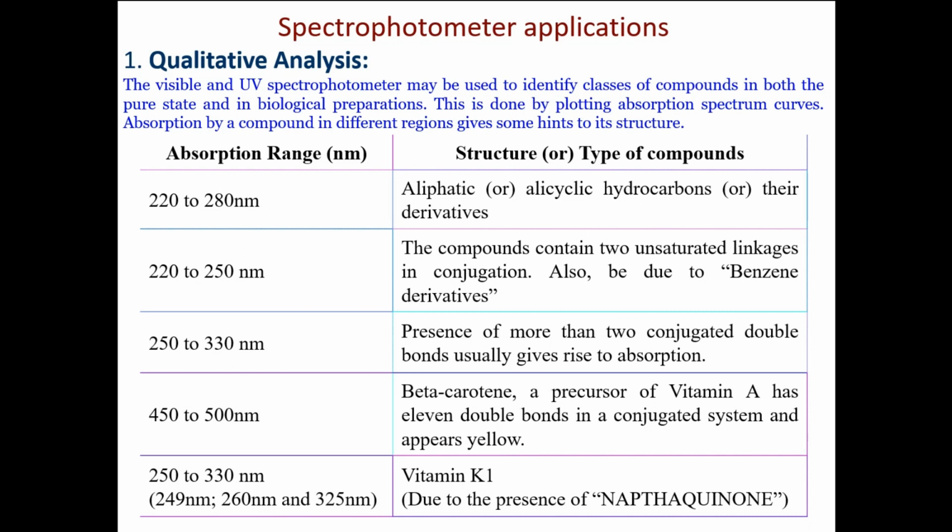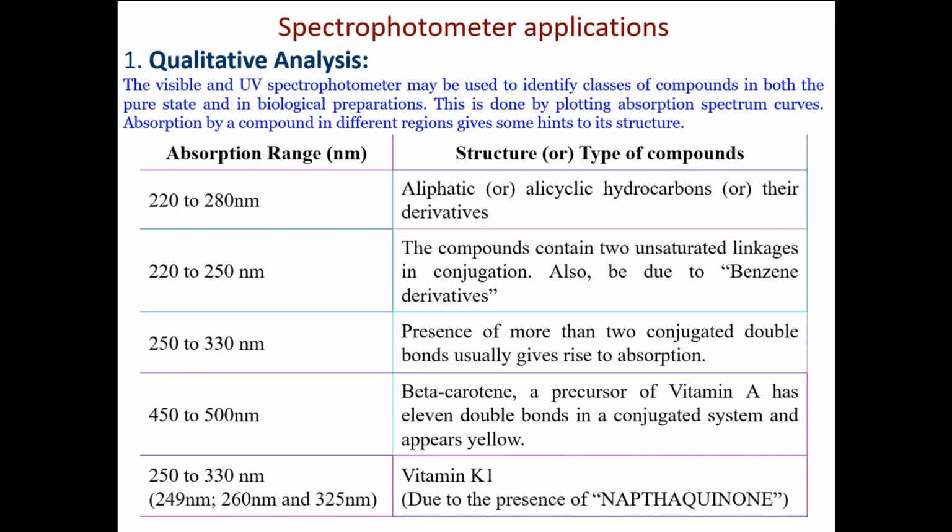The next are the compounds which absorb at 220 to 250 nanometers, and these compounds usually contain two unsaturated linkages in conjugation, which can also be due to a benzene derivative.